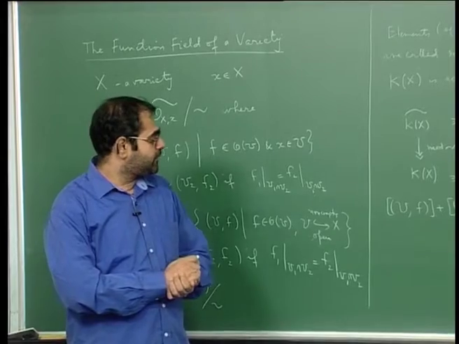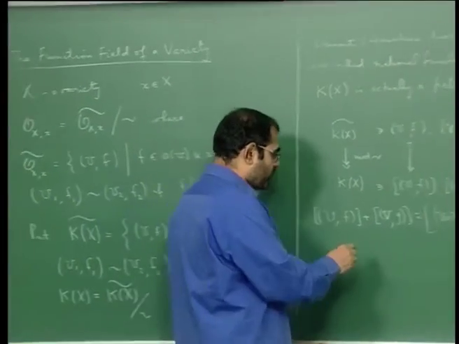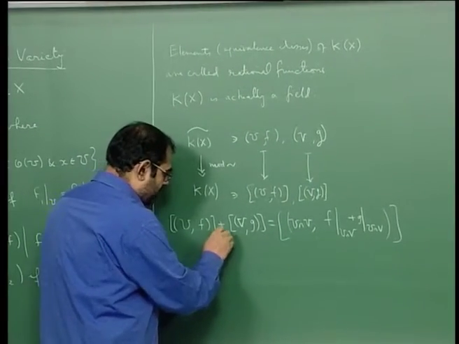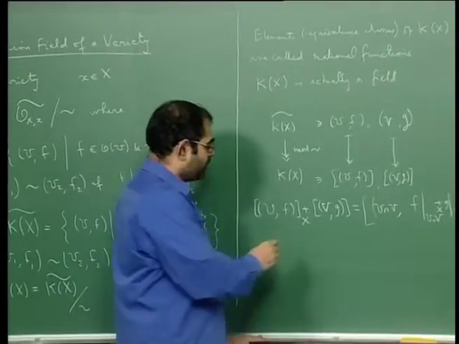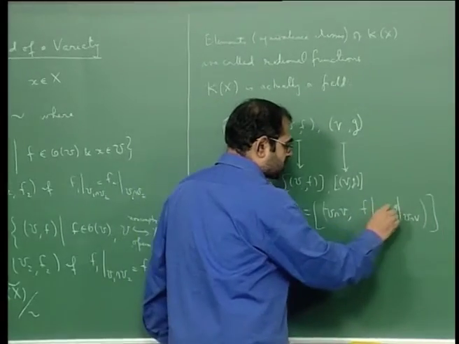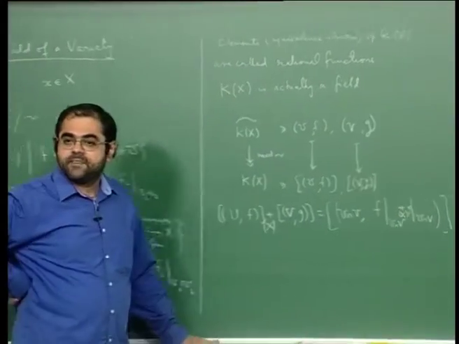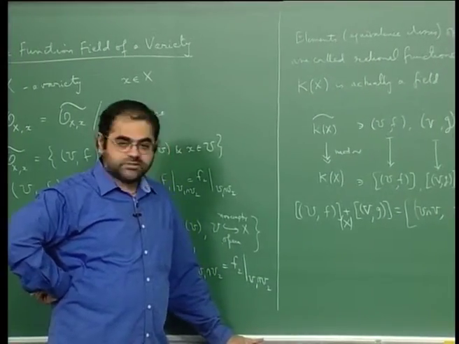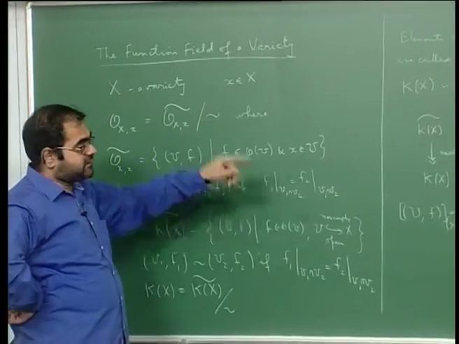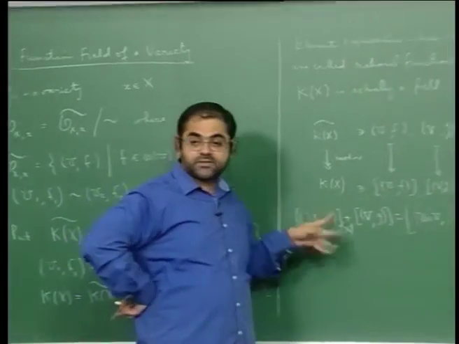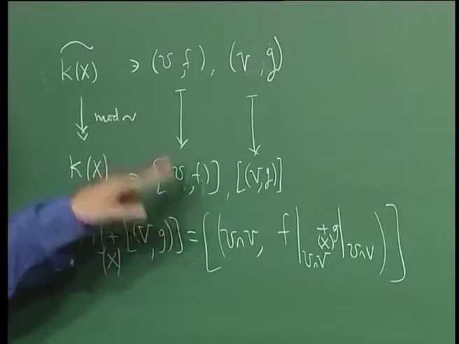And then in the same way I could define the product, I can put product here and I can put product here. So depending on what you want, either sum or product can be defined like this. Now I want you to check, it is easy to check, that this definition of addition and multiplication is independent of the choice of representatives.